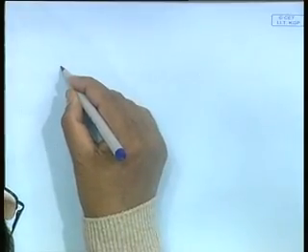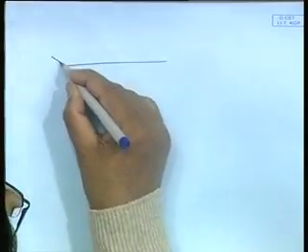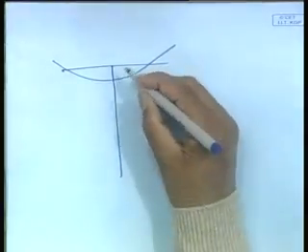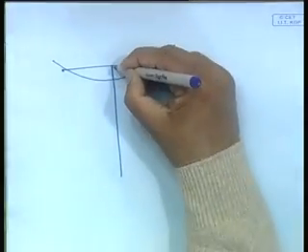Now the similar thing would actually happen in a trough case. If I were to look at the trough case, let me see this trough case here. Here this pressure is opposite.